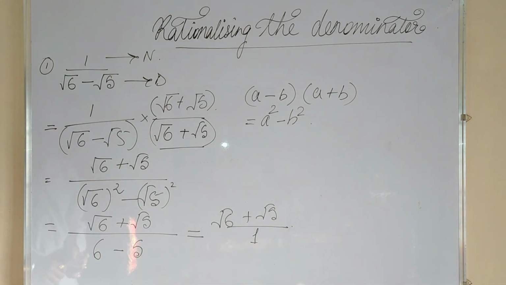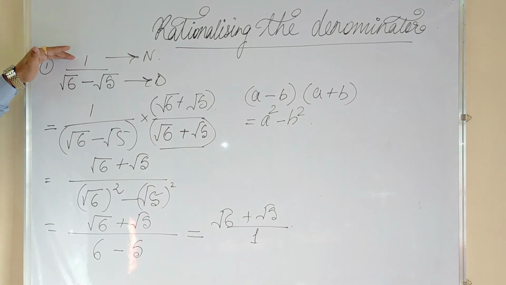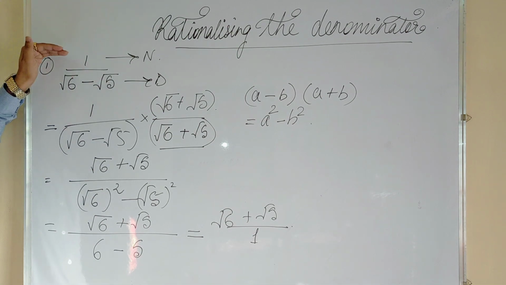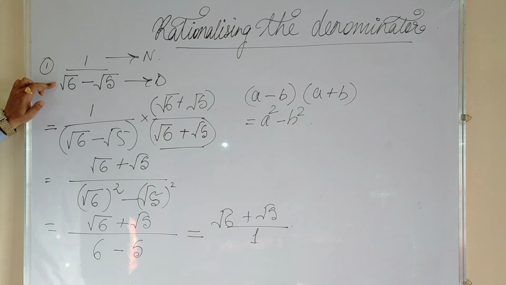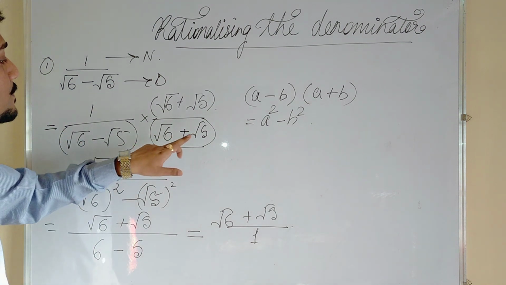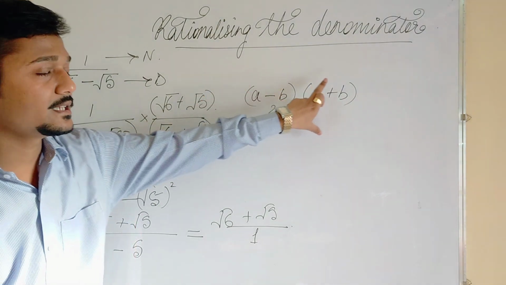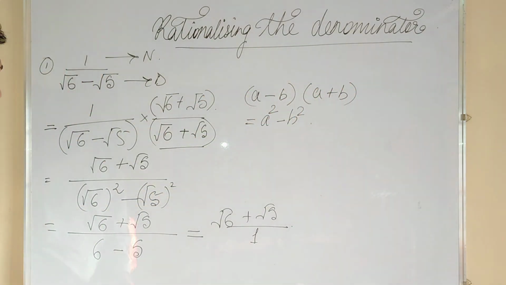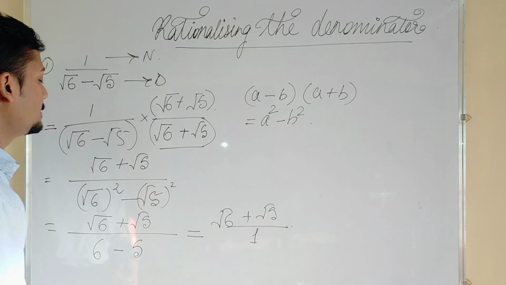Is that clear? So this is one of the questions where we saw how to rationalize the denominator of 1 by root 6 minus root 5. What do we do first? We multiply the denominator, root 6 minus root 5, with root 6 plus root 5, to convert it into the formula a square minus b square.